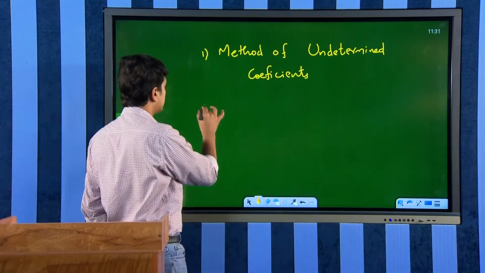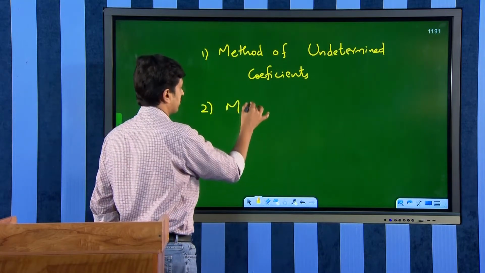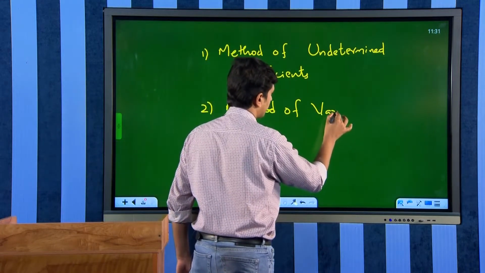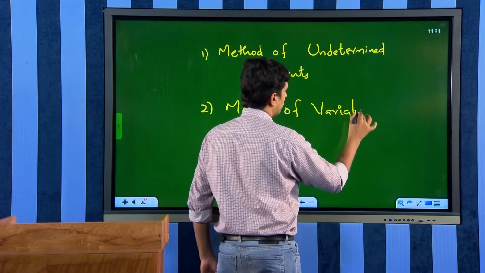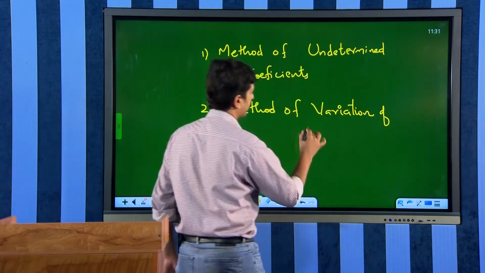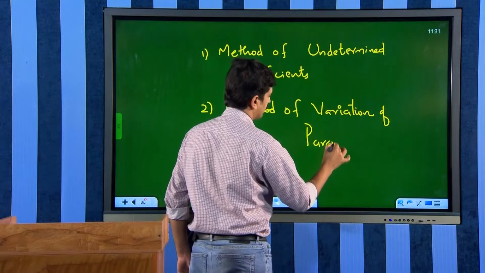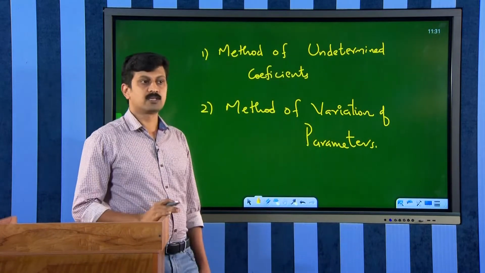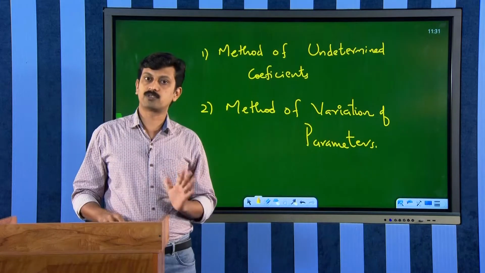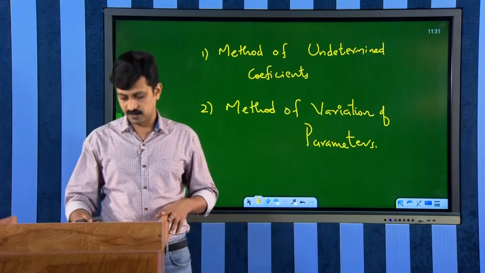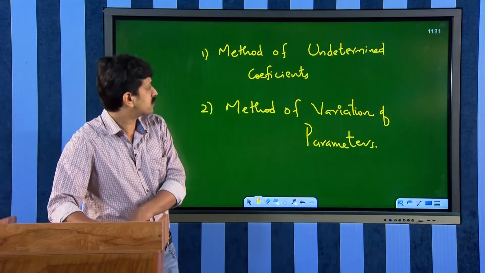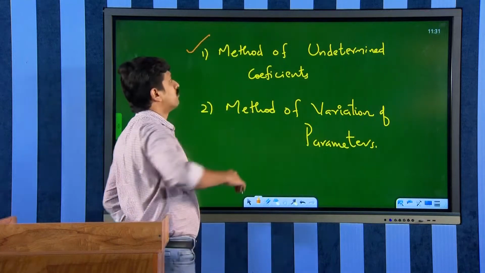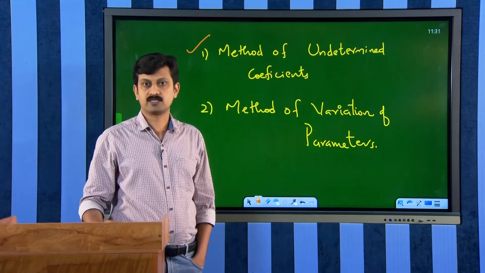The second one is the method of variation of parameters. We will use any of these two methods to solve a non-homogeneous differential equation. See, we can move to the first method. We will discuss the first method here, the method of undetermined coefficients.